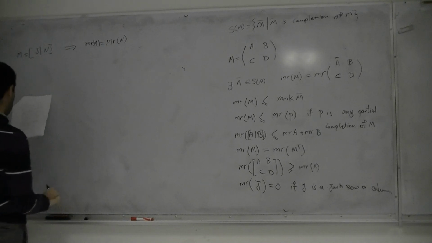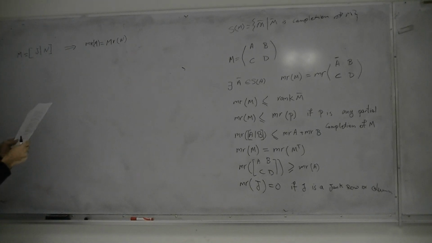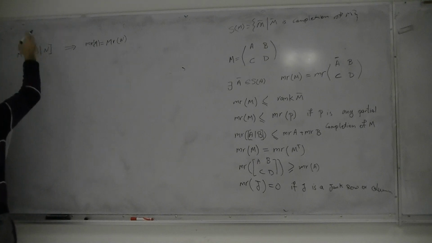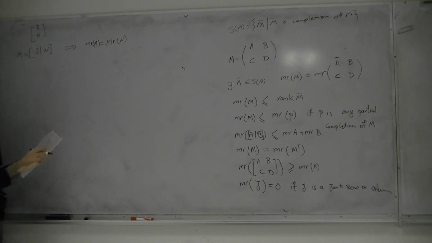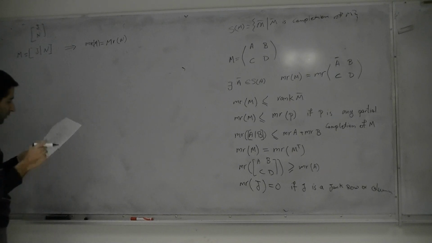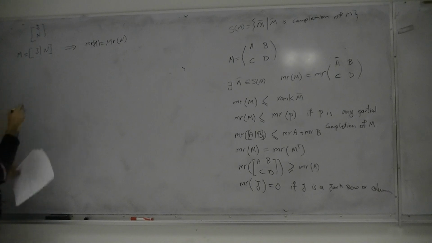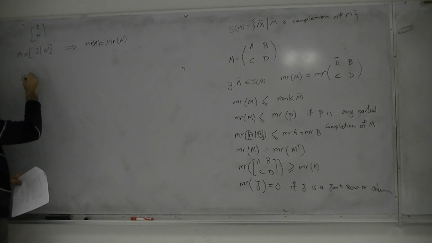It also can be, for example, JN for one junk row or junk column. There is a definition that says two matrices M and N are equivalent.